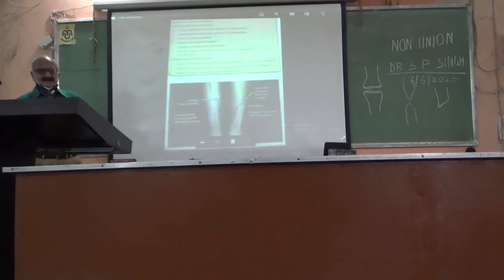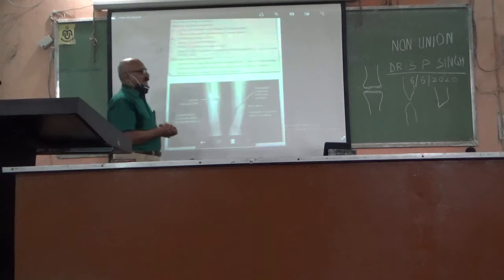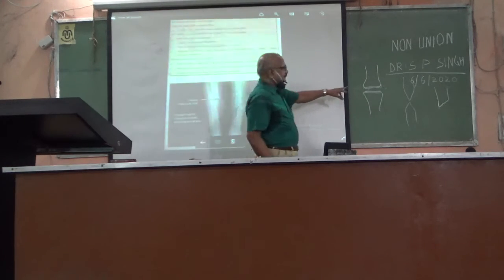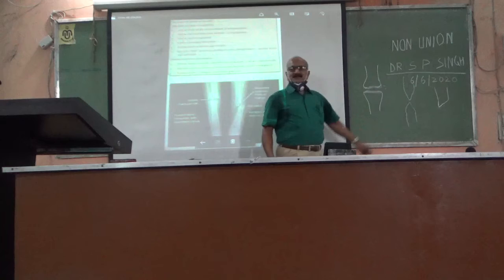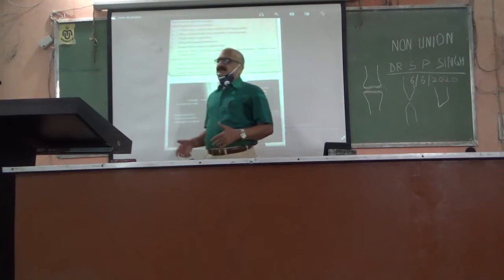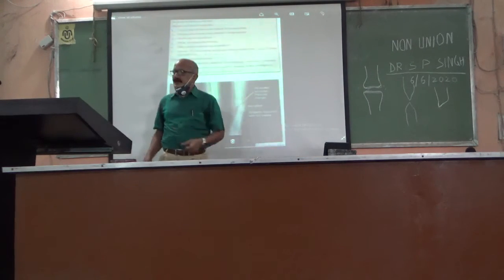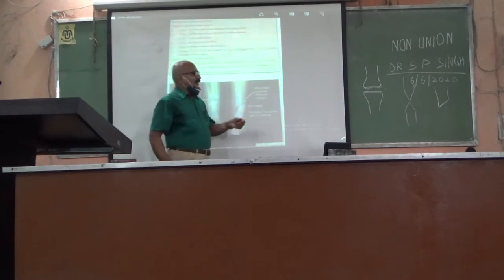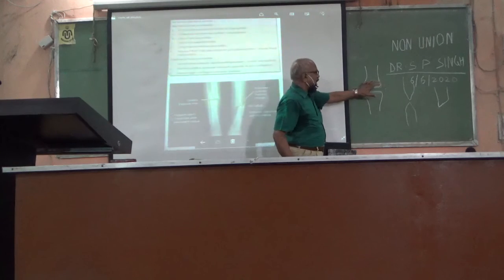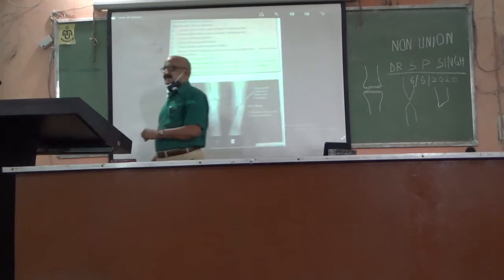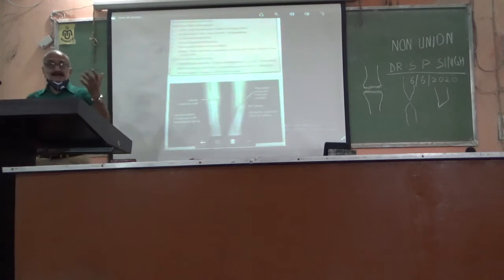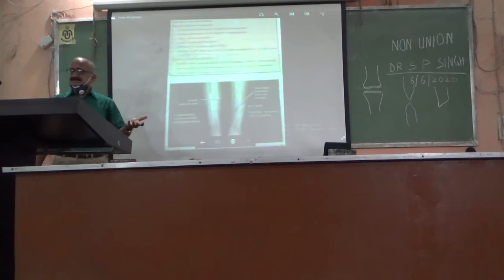Second, freshening of the margins. What happens? Since these are all sclerosed and fibrosed areas where nature has just not allowed it to unite, what should I do? I must freshen this up, and excise the bone from both sides till it bleeds in a marvelous way.